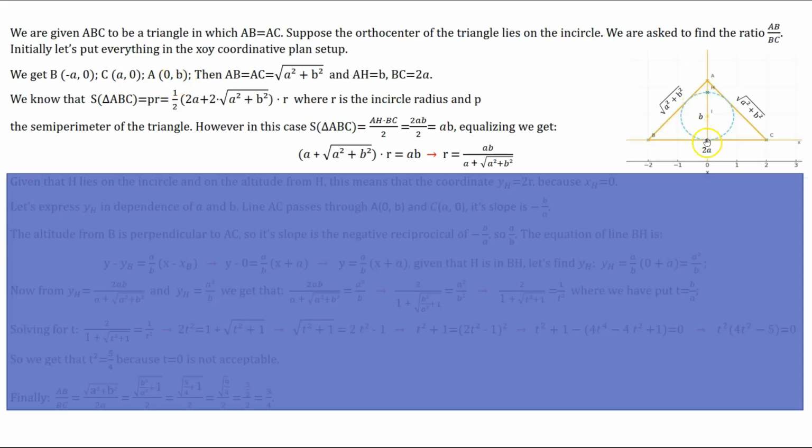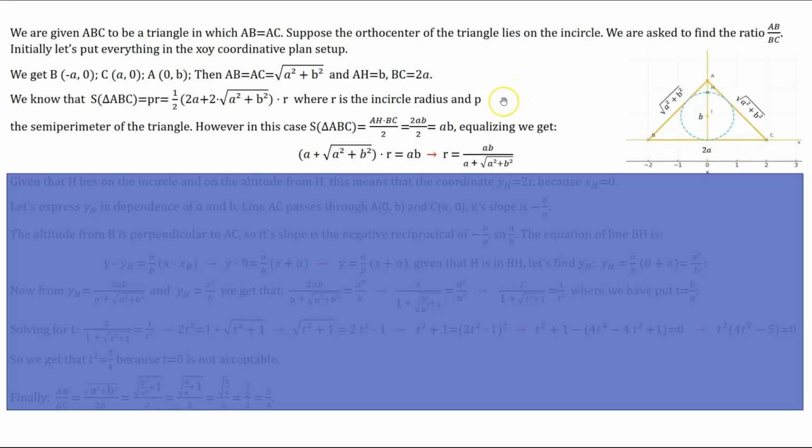A will have the coordinates (0, b), and then in this case AB, which is a side of this triangle, will be equal to the square root of a squared plus b squared, and given that AB is equal to AC, both of them will be equal to the square root of a squared plus b squared. We will put the altitude AH from vertex A equal to b, and BC in this case will be equal to 2a.